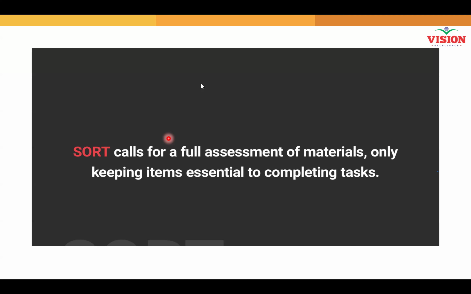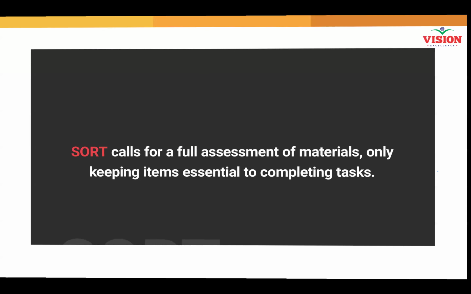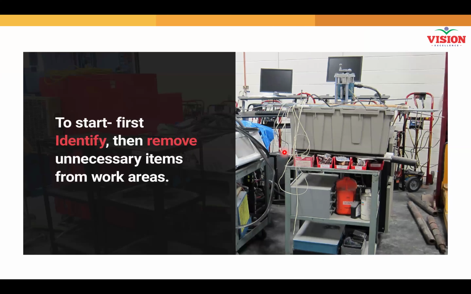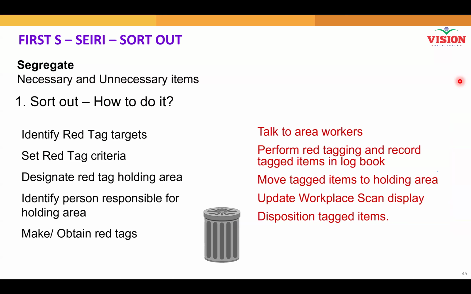The next step is to remove the unnecessary and keep only the necessary items. That is how sort goes, right? To start with, first identify and remove the unnecessary items from your work area and segregate the necessary and unnecessary. And suppose you are doubtful about a particular item, whether it is necessary or unnecessary, and you are not able to decide.